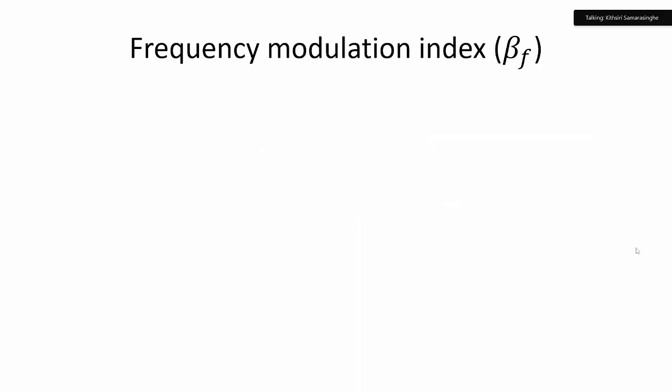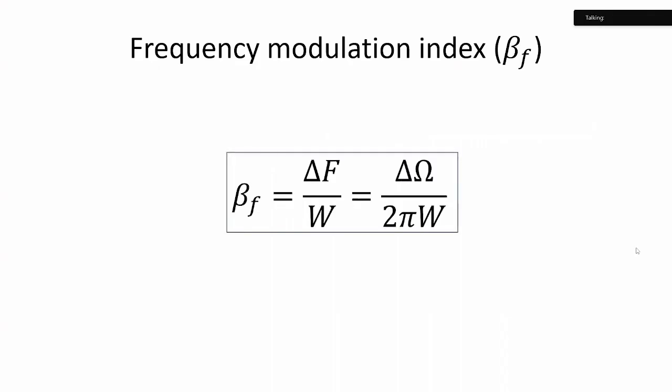Now, let us define the modulation index for FM. Let us use the notation beta for that. This is how it is defined. Peak frequency deviation, unit is hertz, divided by the bandwidth of your information signal, the bandwidth of the modulating signal, which is also in hertz.